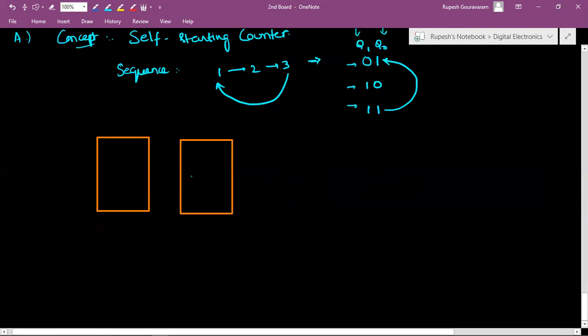Both are D flip-flops only. So one is D1 and the second one is D0. Here the output is Q1. Here the output is Q0. And both are connected to the clocks.